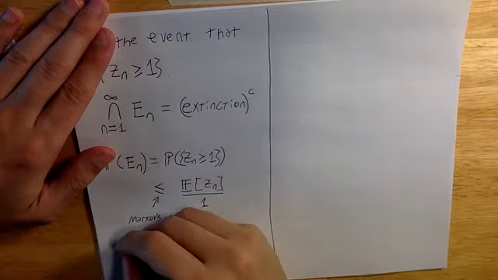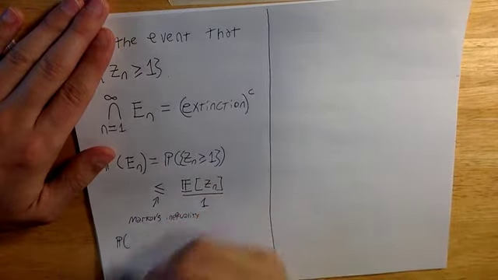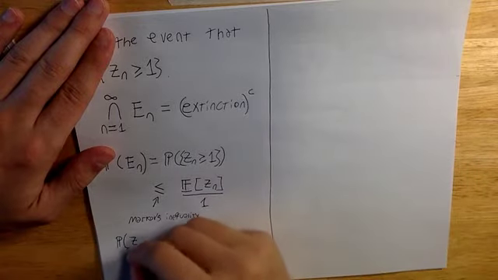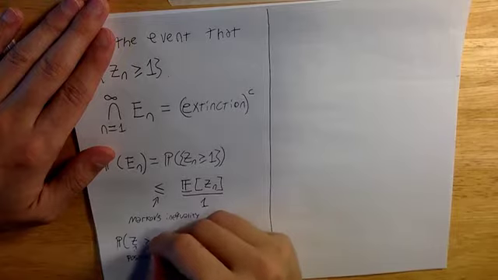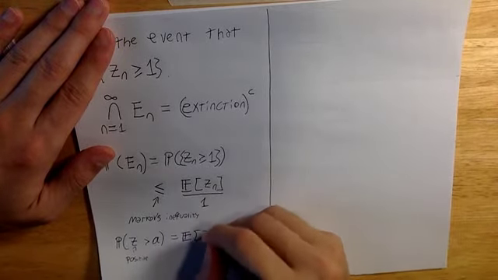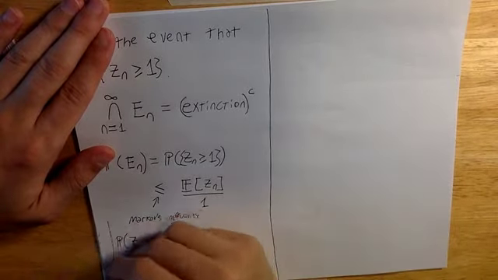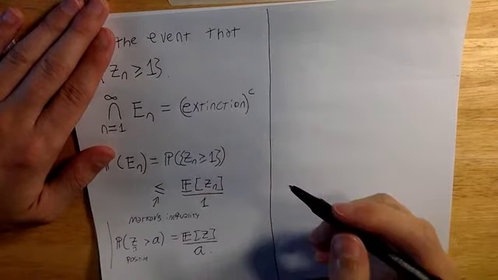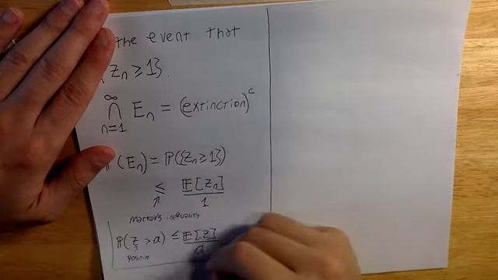So the probability that a random variable Z, which has to be positive, is bigger than a, is not equal but less or equal than the expectation of Z over a. This is Markov's inequality.